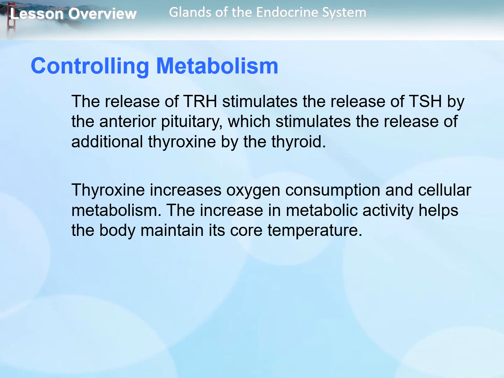The release of TRH stimulates the release of TSH by the anterior pituitary, which stimulates the release of additional thyroxine by the thyroid. The thyroxine increases oxygen consumption and cellular metabolism. The increase in metabolic activity helps the body maintain its core temperature.